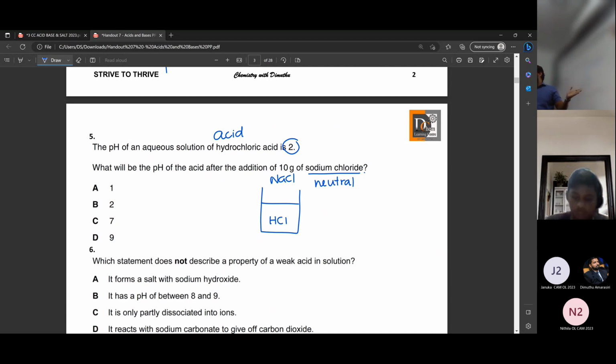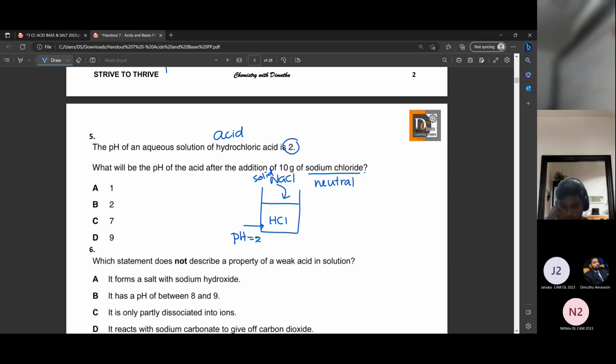An acid and a neutral compound do not react unless there is a precipitation. There is no precipitation. So you just add some neutral stuff into a pH 2 acid, and it's a solid, so the volume is also not changed.